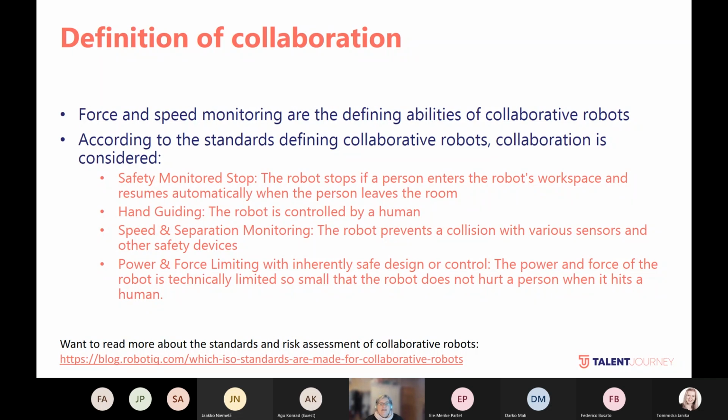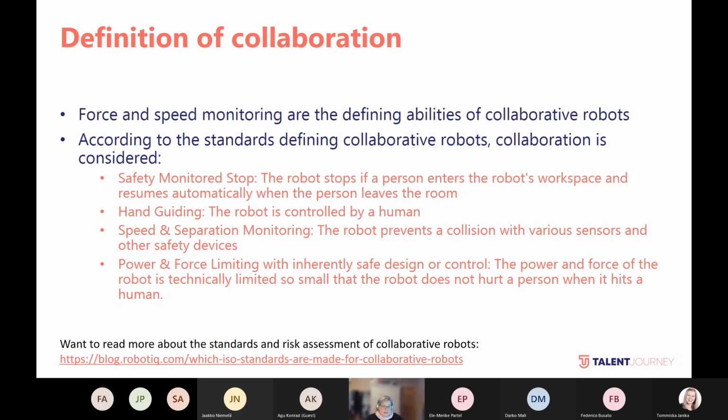Let's take a look at the definition of the collaboration when talking about collaborative robots. First, monitoring forces and speed plays a key role in thinking about what collaboration really means. When reading standards, 4 different ways of collaboration are found, all of which can be utilized in organizing collaboration between a human and a robot.